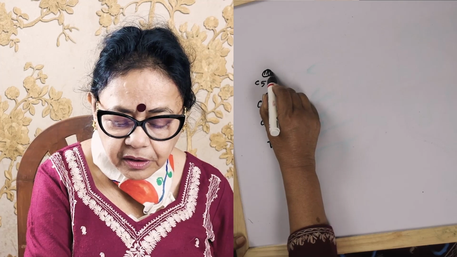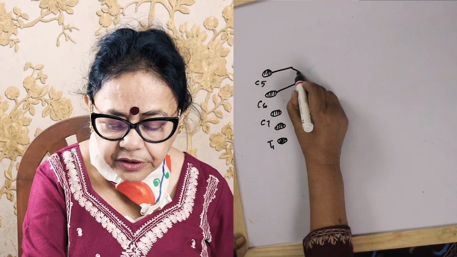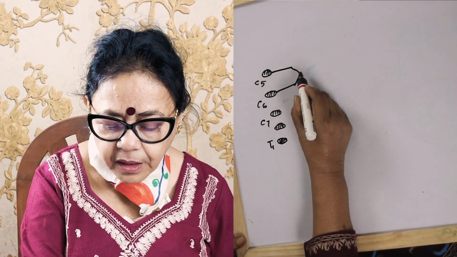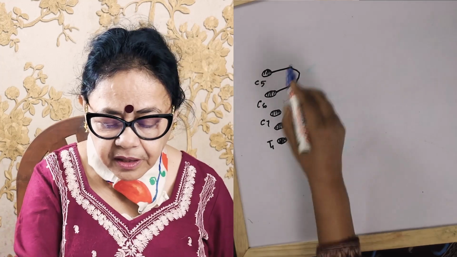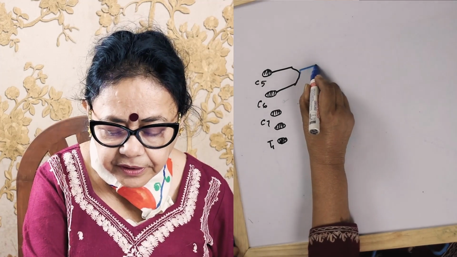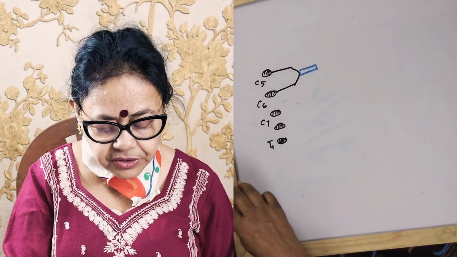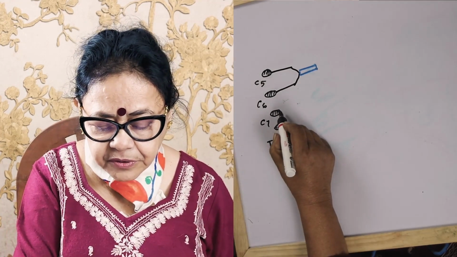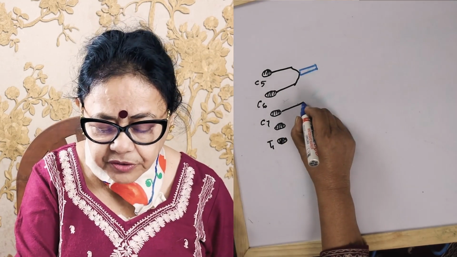Now the upper two nerves unite and form a trunk, that is the upper trunk of the brachial plexus. The C7 comes out as a middle trunk. Itself it forms the trunk.